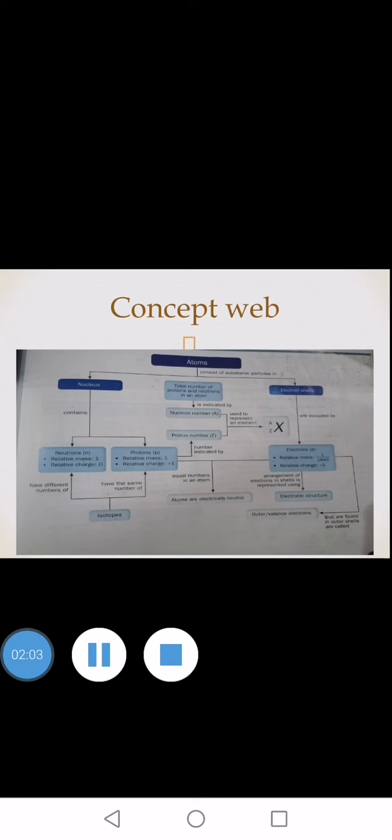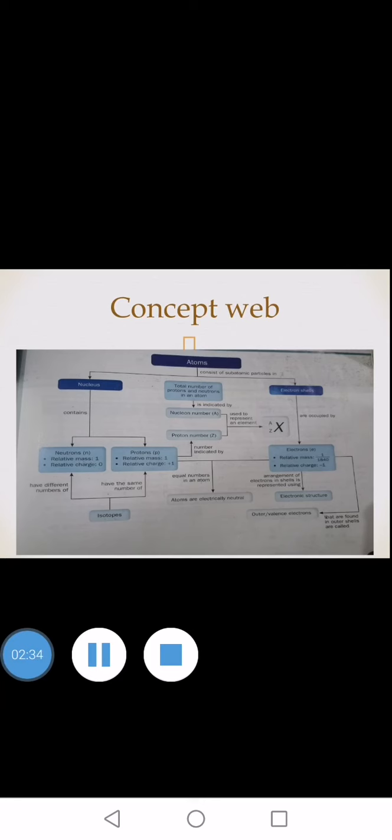In that structure we can represent the number of electrons, protons and neutrons, and that makes the electronic structure of that specific atom. As I have told you earlier, in electron shells the outermost shell is called the valence shell, and its electrons are called valence electrons.